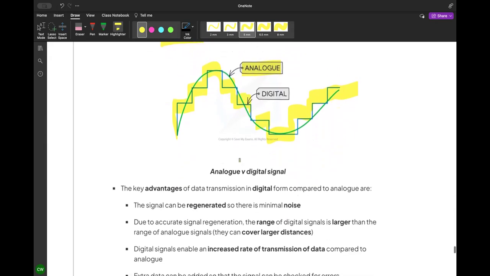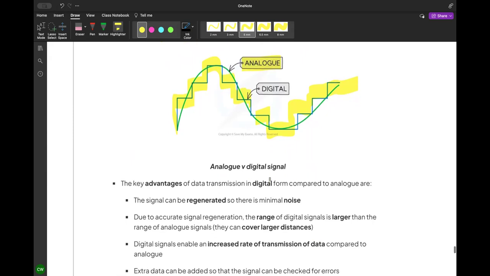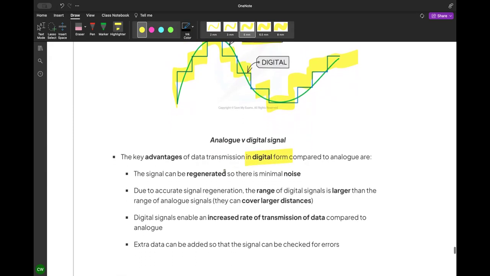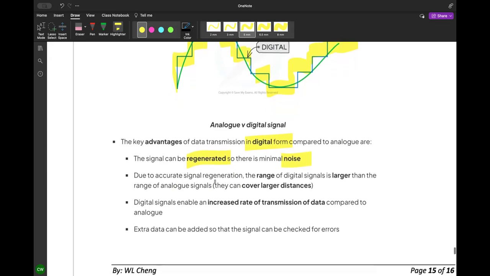That means if you want to listen to the thing again and again, you have to use digital form. It can be regenerated, and the noise removed. When you regenerate, the noise will be gone. When you restore it, the noise is removed. There's a way to do noise cancellation, a noise remover. This is range of signal, larger than this one. This is not important.